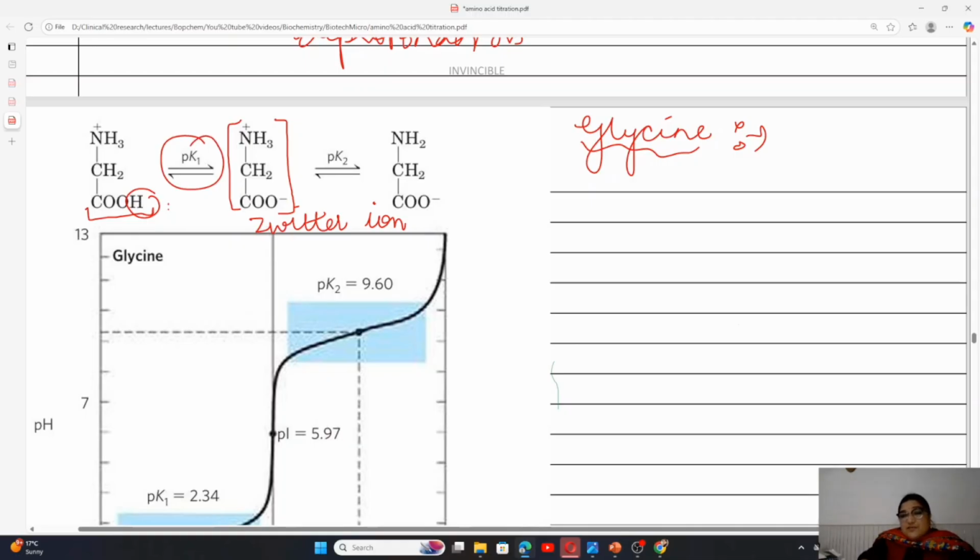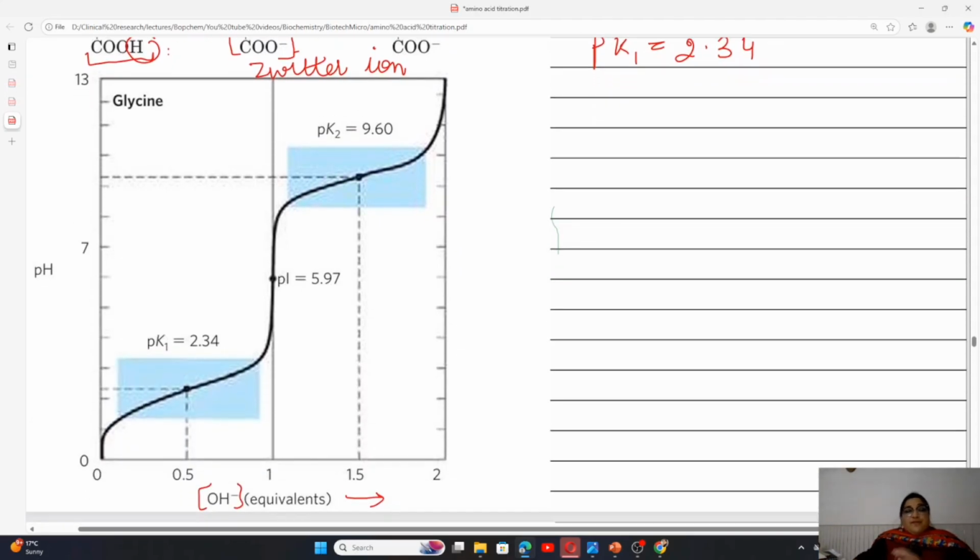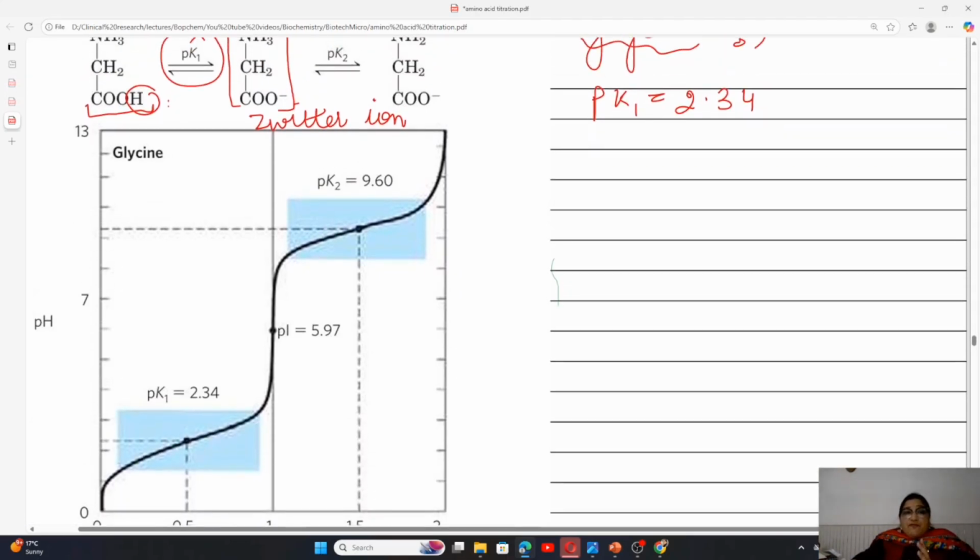It loses its proton at a pH where the dissociation constant pK1 is 2.34.